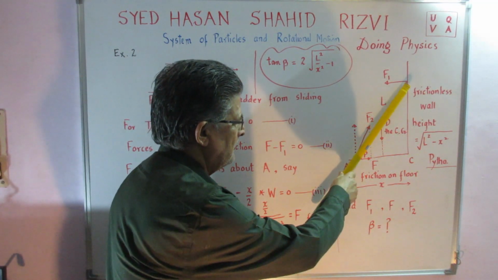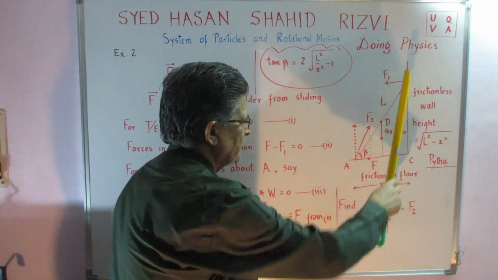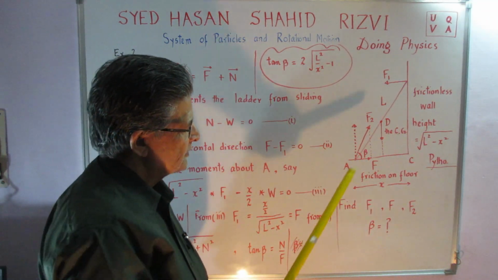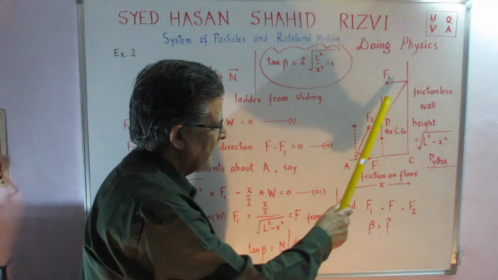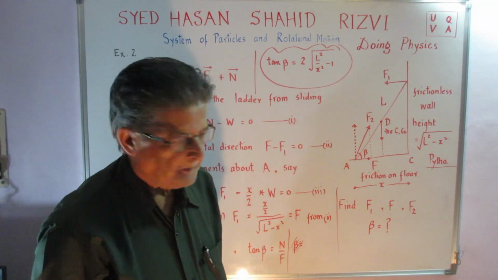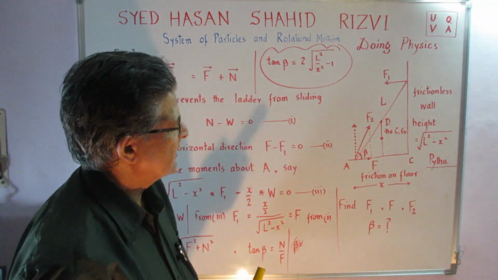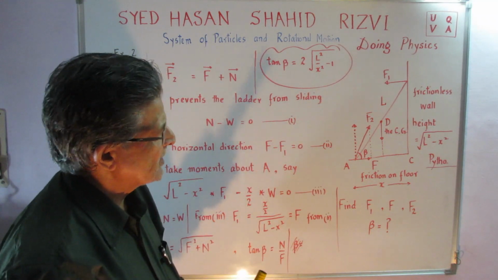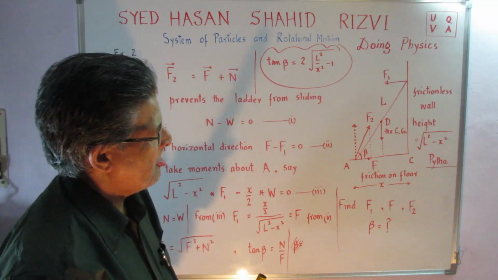So when the wall is frictionless, the center of gravity of this ladder of length L will be midway at the point T. The center of gravity of the system, even the center of mass of the system, can be like that.